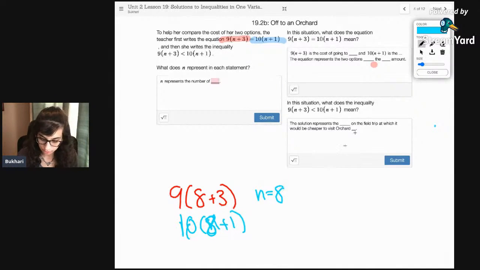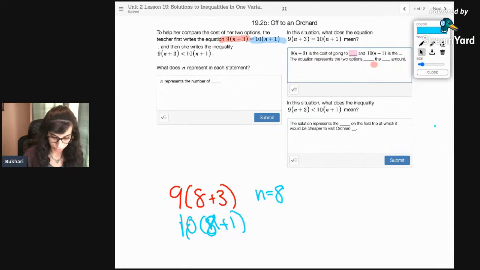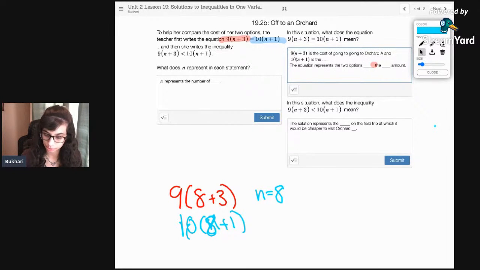And then what does it mean for it to be an inequality and an equality? If 9n plus 3 represents the cost of going to Orchard A, and 10n plus 1 is the cost of going to Orchard B, what does that solution represent?